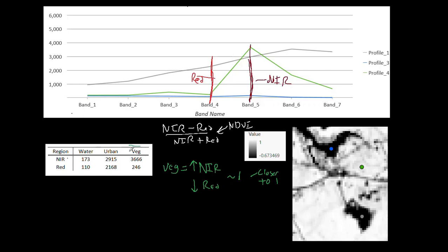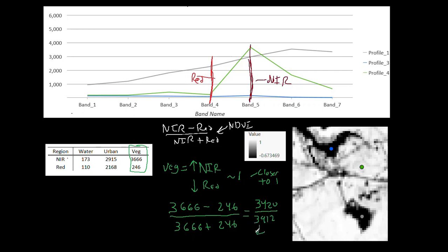Let's look at some actual values here. We have 3666 minus 246, divided by 3666 plus 246. If you do the subtraction and the addition, you end up with 3,420 on the top and 3,912 on the bottom.